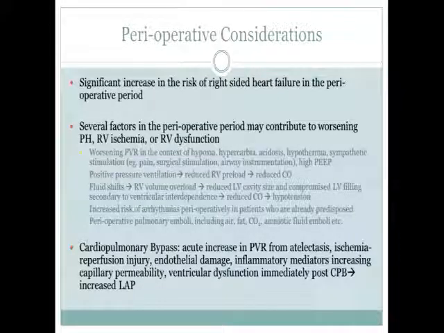These patients are already predisposed to dysrhythmias, especially atrial fibrillation from their atrial dilation, and so the risk of perioperative arrhythmias is higher. And then any sort of event in the perioperative period, like a pulmonary embolus, which is a risk for anybody undergoing surgery, can cause acute worsening.